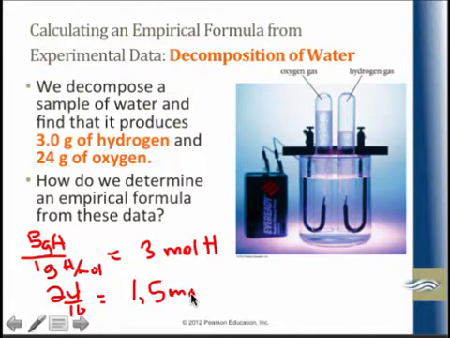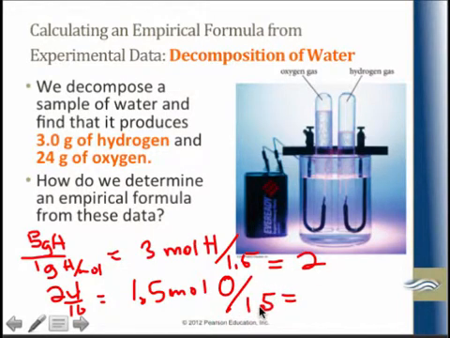In a mole, I'd figure out that I have 1.5 moles of oxygen. So I'm now down to mole count, which is those subscripts I'm looking for. The way we do this is we divide by the little guy, and you'll come up with whole numbers that become the subscripts. This is how I figure out I've got 2 H's for every oxygen.